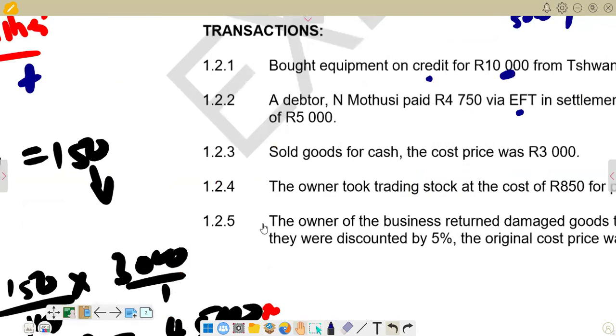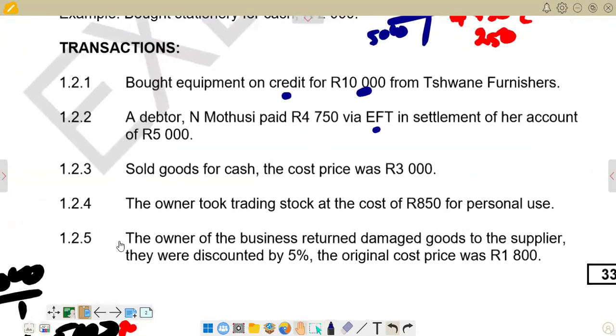Right, 1.2.4 reads: the owner took trading stock at the cost of 850 rands for personal use. So remember, these are drawings. Whenever goods are taken for personal use, they are drawings. So our drawings, obviously, we debit it. And our trading stock, remember, this 850 was on the debit side of the trading stock. When it's being taken, we are going to do the opposite, crediting our trading stock, and then we debit our drawings.